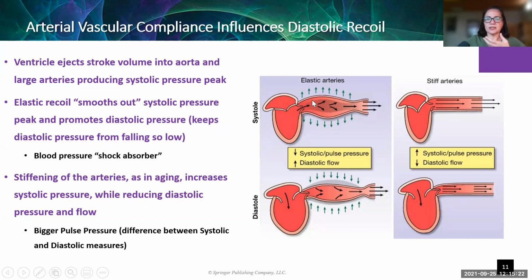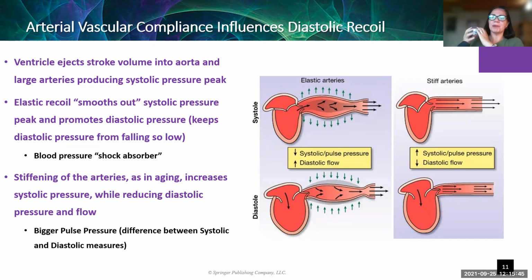How to explain? All right, so the heart contracts, pushes a bunch of blood out. When the heart relaxes, the pressure could really tank. But if during systole the elastic arteries stretched, then during diastole they can come back and they actually propel the blood along.